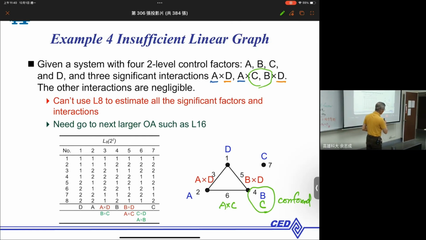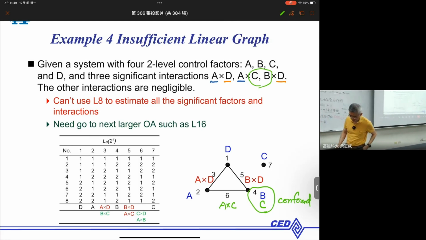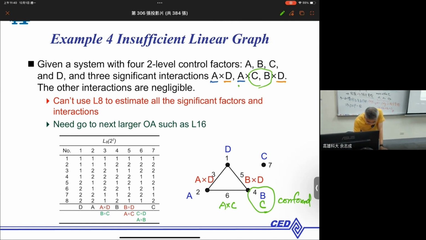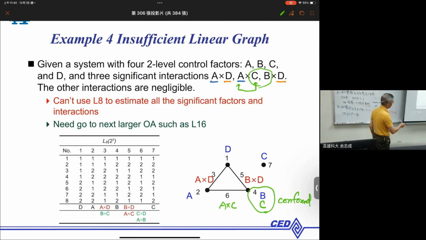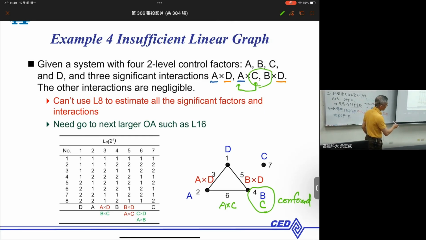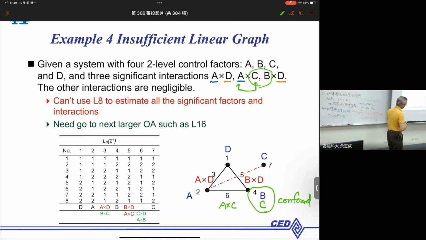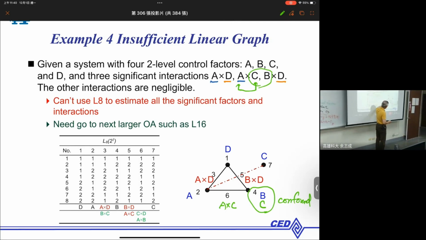If you put C here, what happened? You try to analyze AC, right? But where is AC? No line. There's no line here. Well, why not connect a line?